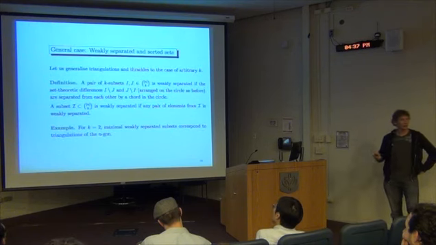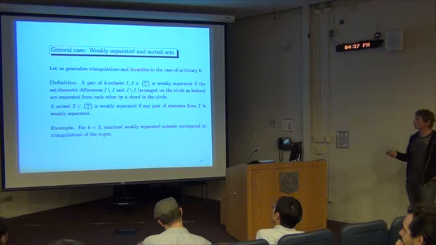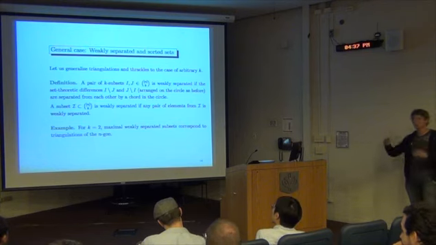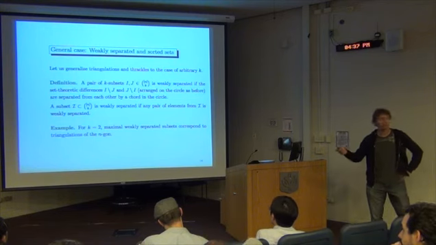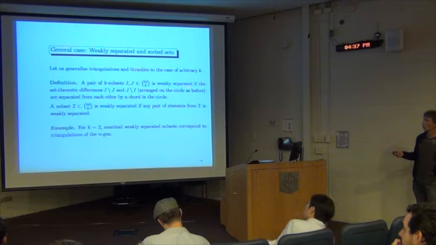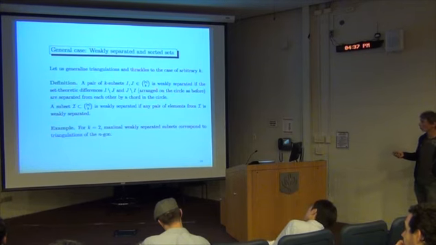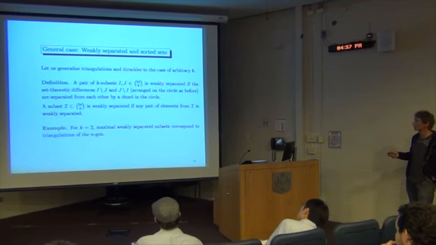Okay, now that was a warm-up case, now let me do the general case. In the general case, we need to generalize triangulations and fractals to the arbitrary case, and find some generalization of the non-crossing or crossing condition. The generalization is called weak separation. The generalization of non-crossing graphs, of triangulations, is what are called weakly separated sets.